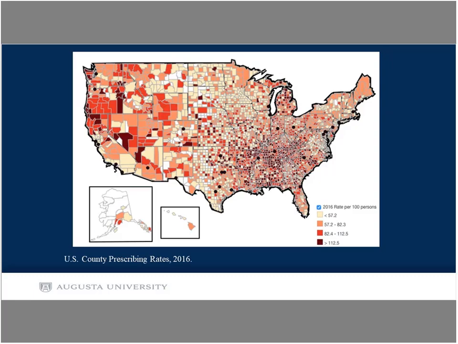So this is a map of the U.S., and this is the prescribing rates by county across the country. And one of the things that you'll notice, let's see, I think I have a pointer here. I don't see it up there. Maybe you can see this arrow. One of the things that you'll notice in terms of prescribing rates is the highest rates are the darkest colored counties.